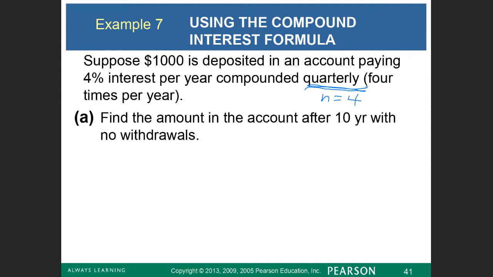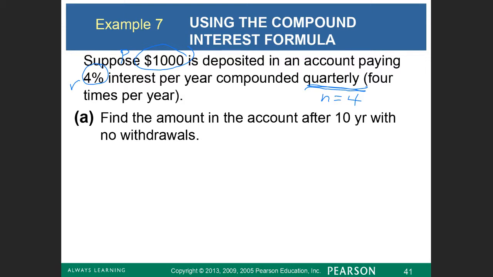So the R here would be 4%, and your P here is your 1,000. So that's our P. Okay, applying the formula.